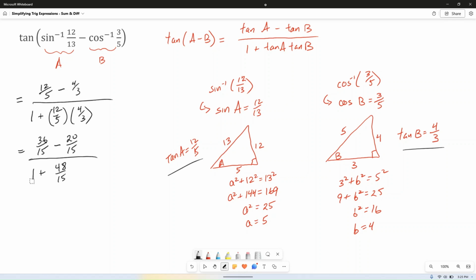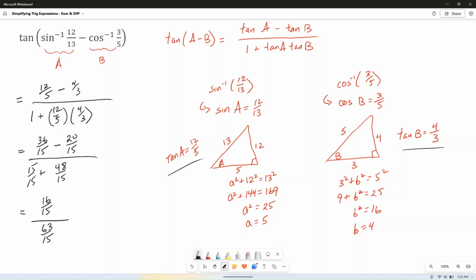And I can replace this 1 with 15 over 15, so everything is now written with common denominators. In the numerator, 36/15 minus 20/15 is 16/15. And 15/15 plus 48/15, 48 plus 15 is 63, so we're going to have 63 over 15.